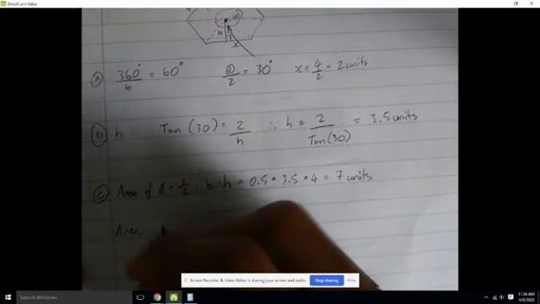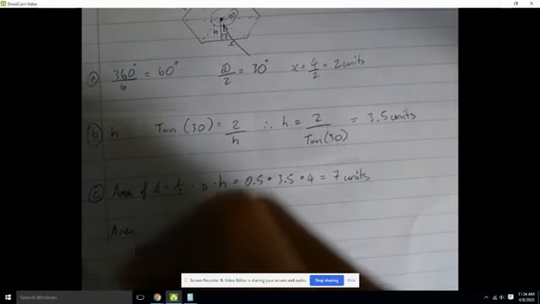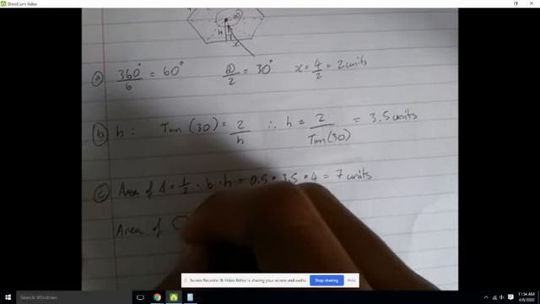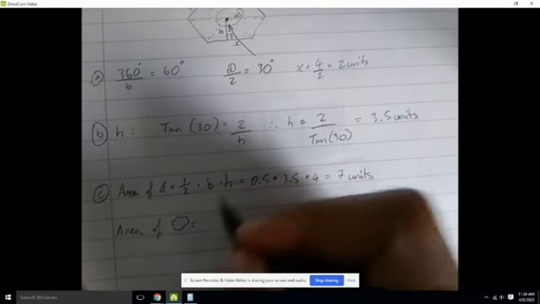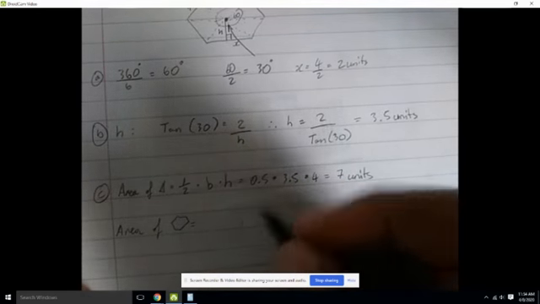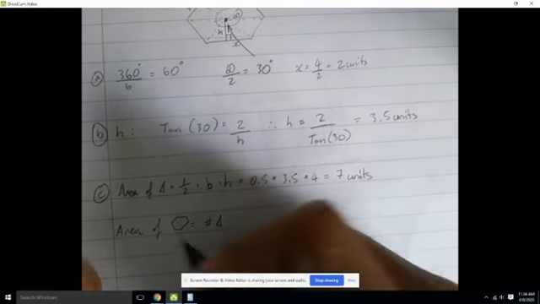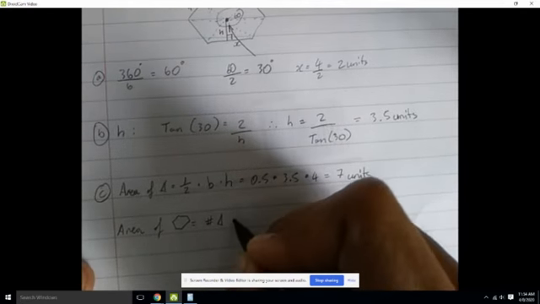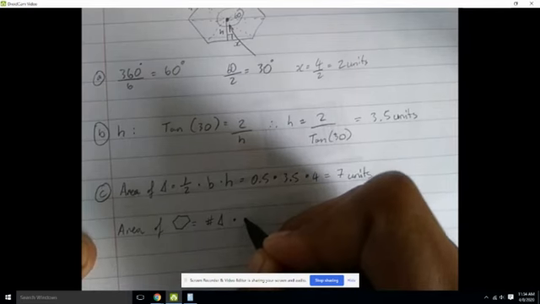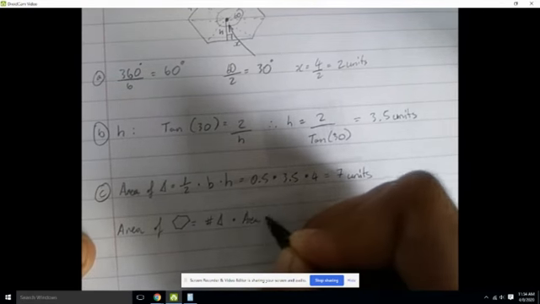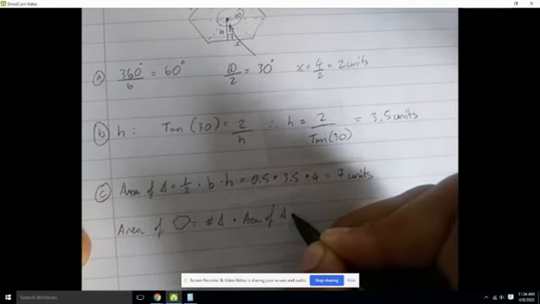Area, sorry, of hexagon would be number of triangles in the hexagon times the area of the triangle.